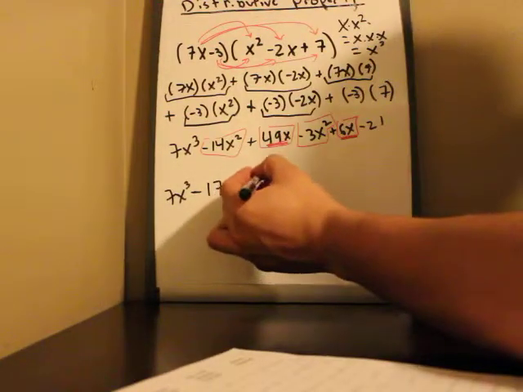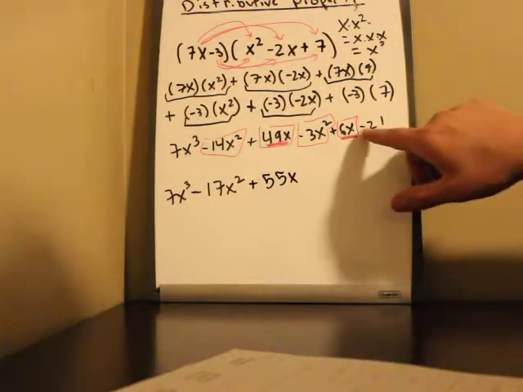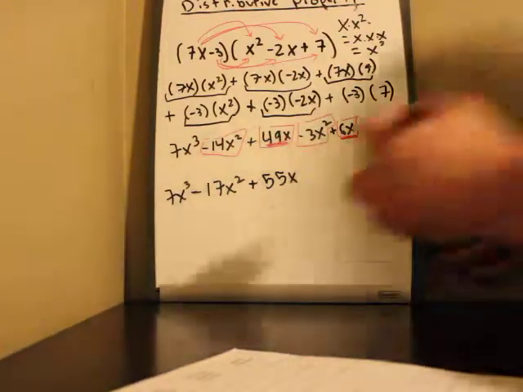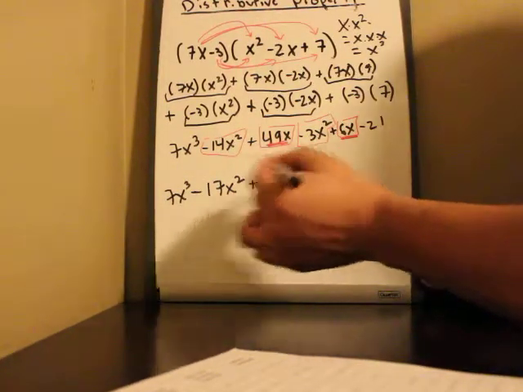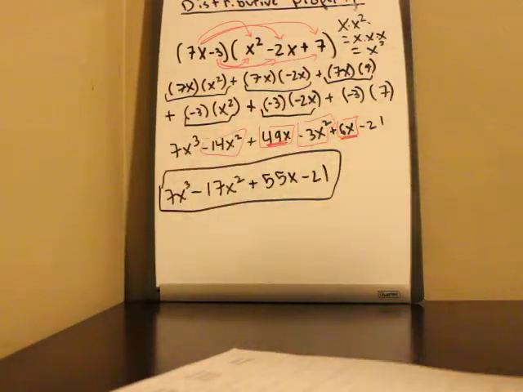So plus 55x. Now we see that we don't have any other constant term, so we can't do anything with that, it's just minus 21. And this is my expanded and fully simplified polynomial.